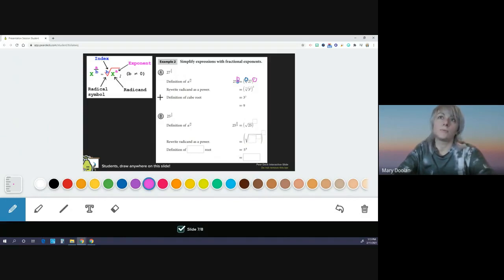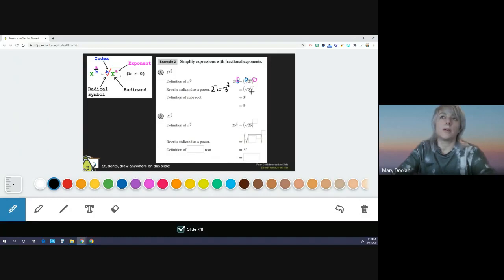Okay, and so now we can rewrite this as a power. Basically, 27 is equal to 3 to the 3rd power. So we're changing the 27 to 3 to the 3rd power.